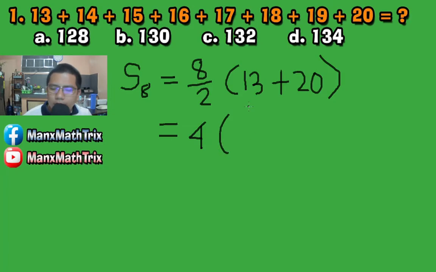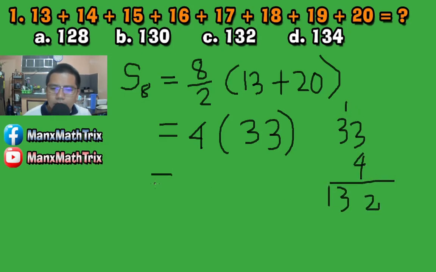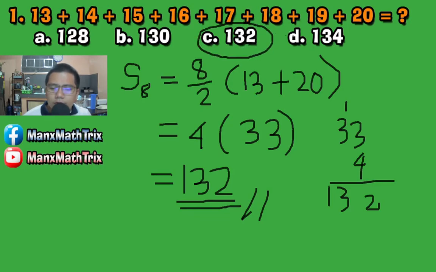And then add 13 plus 20, just equal to 33. 33 times 4 is just equal to 132. So our answer here is letter C, 132. So now let's proceed to our second problem.